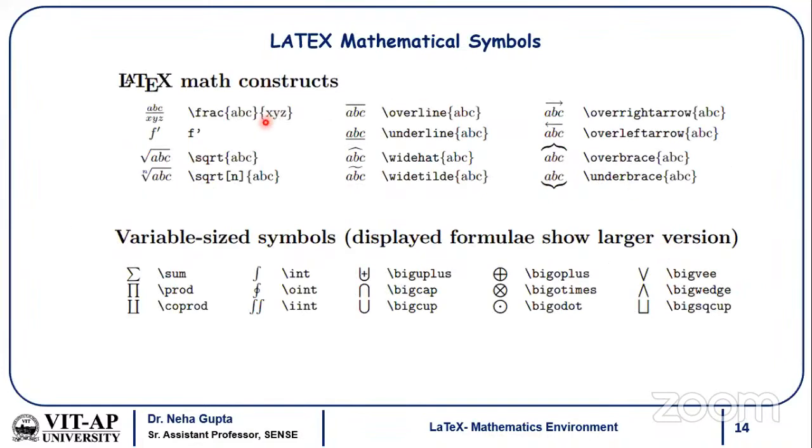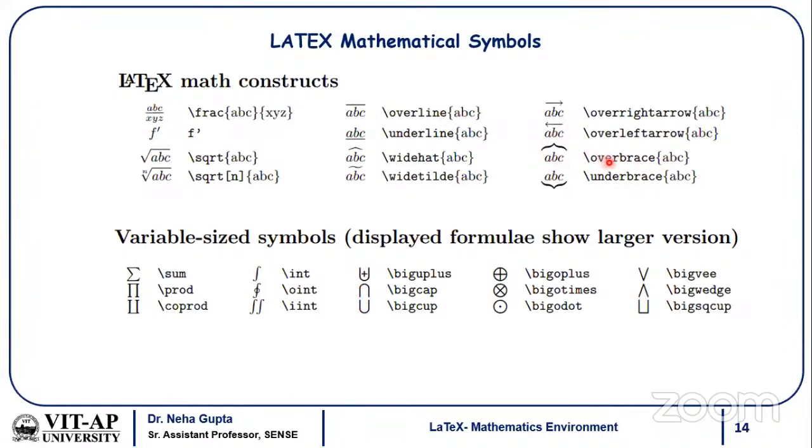These are a few mathematical constructs and symbols. Like fraction, I have already shown you, two curly braces will come, one for the numerator, one for the denominator. This overline expression, over right arrow expression. Here see, over right arrow. The same thing is written in the command, slash overrightarrow. Over left arrow. Here overbrace, the command for that is there.